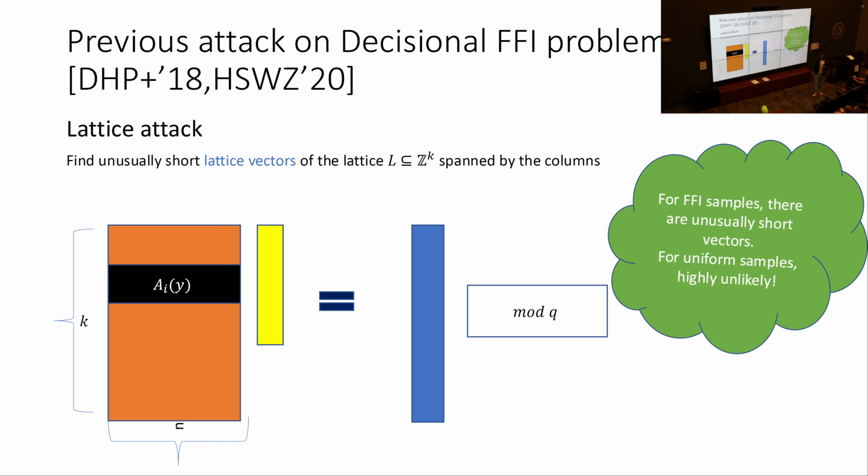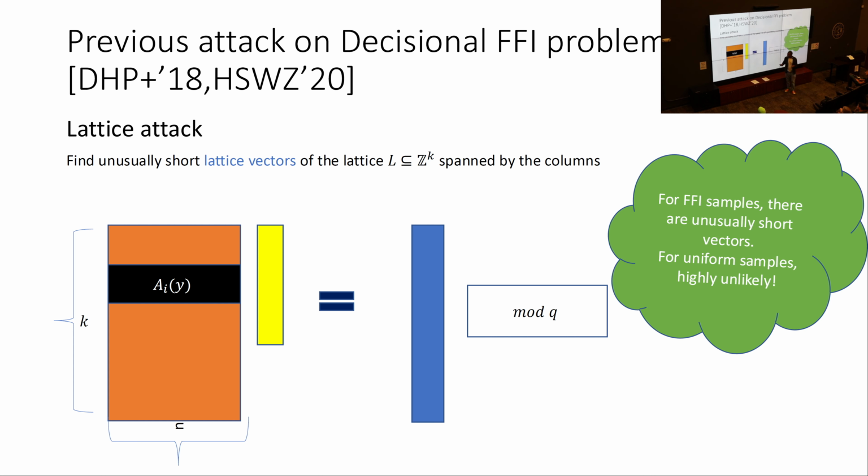Okay, in this paper, the authors' approach to solve it is by lattice methods. So you can consider the lattice generated by the columns of the matrix whose rows are the samples that you have got, and it's easy to see that this constitutes a lattice. If the samples are indeed FFI, there are unusually short vectors inside it, because there is an isomorphism that will take you to this good representation.